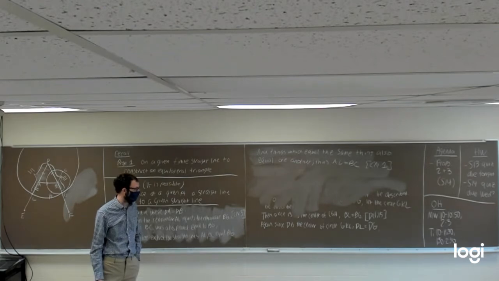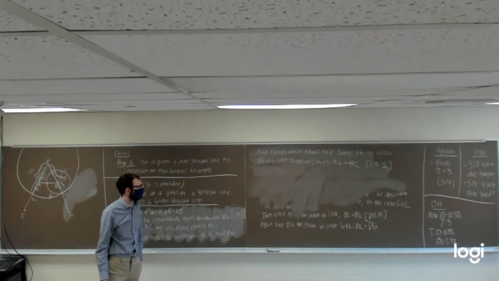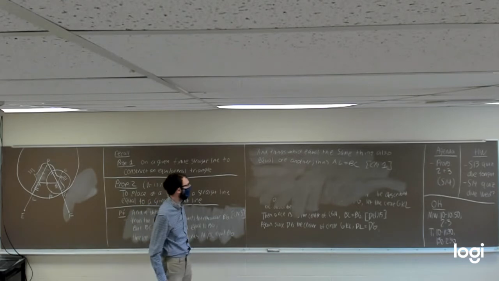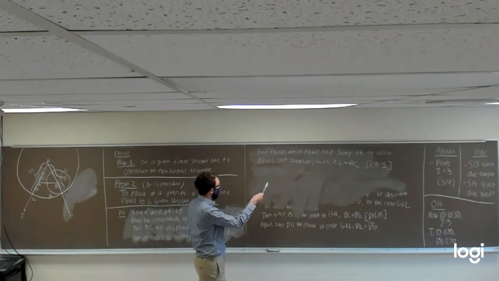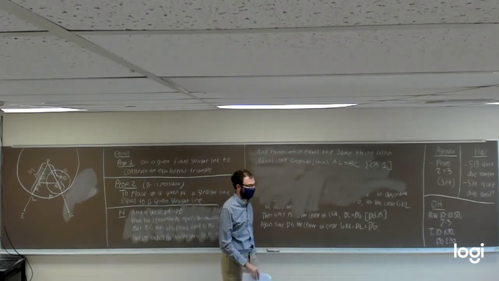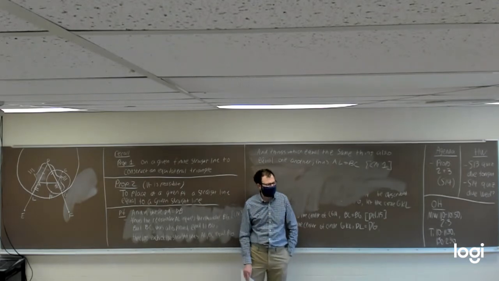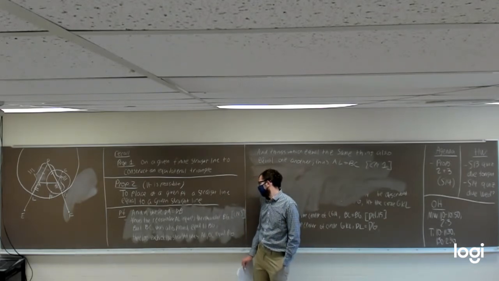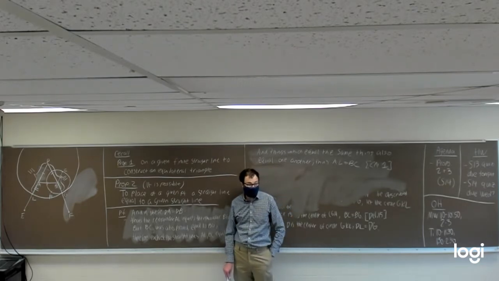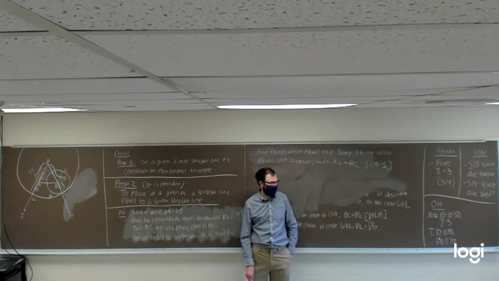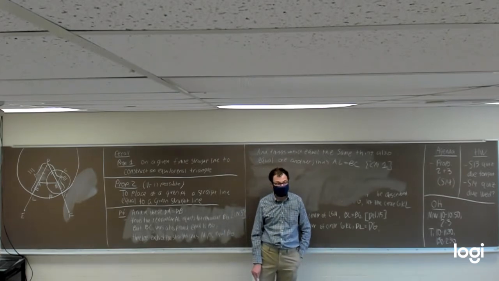Make that explicitly clear first. And then he always feels the need to write out common notion number 1 in full: things which equal the same thing also equal one another, thus AL equals BC. For whatever reason, Euclid really likes to make his common notion 1 arguments as drawn out as he can.